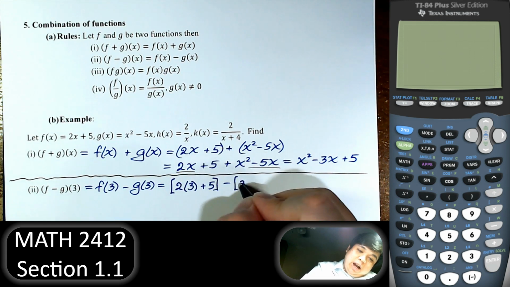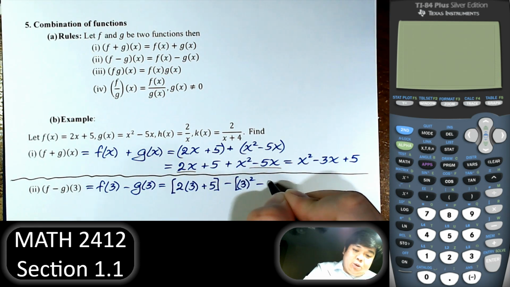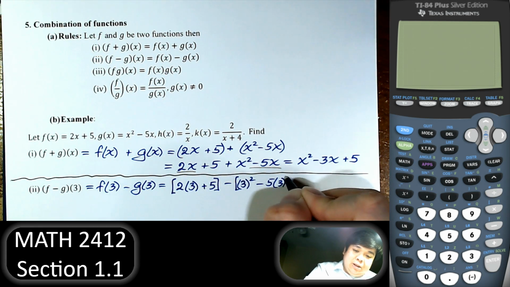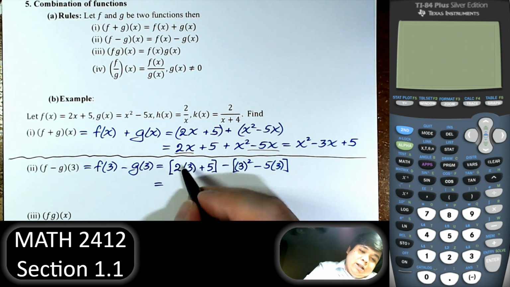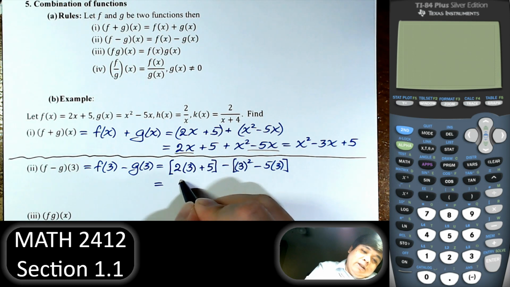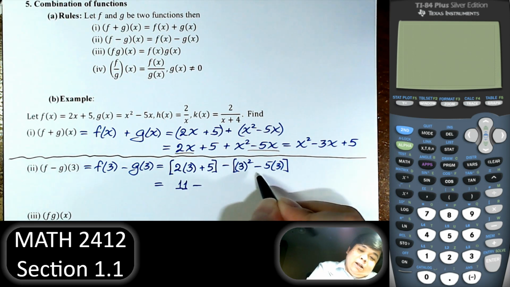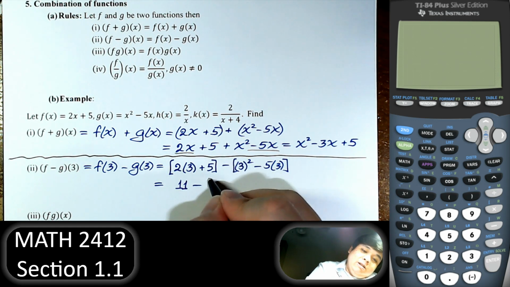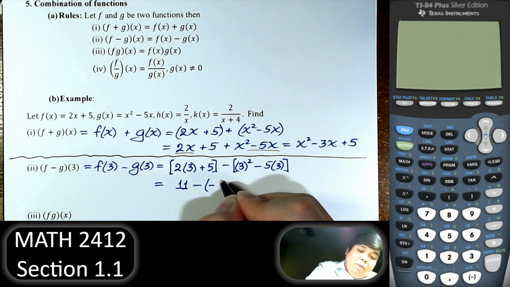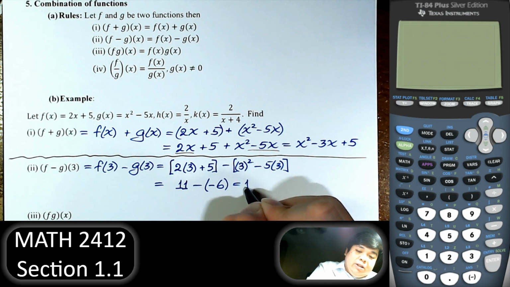There are 2 places for x, so we have to have 2 threes. Right, and that gives us 11. And then 9 minus 15 minus 6, and that is 17.